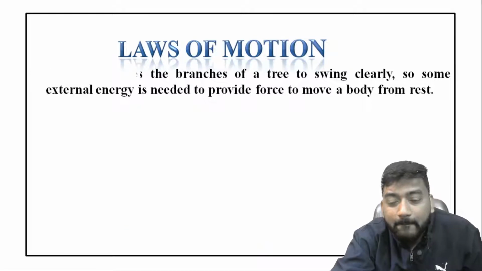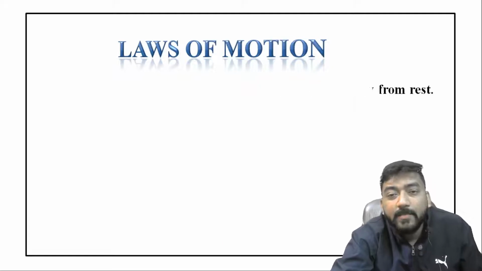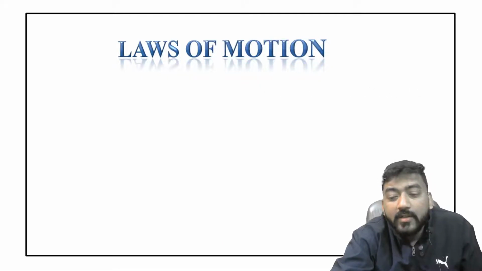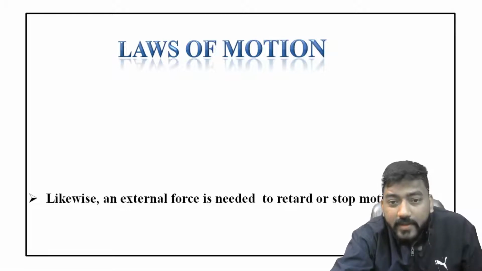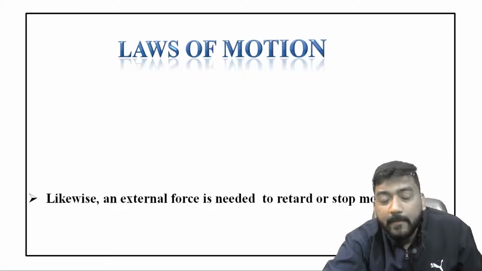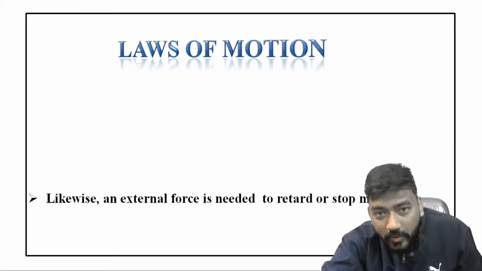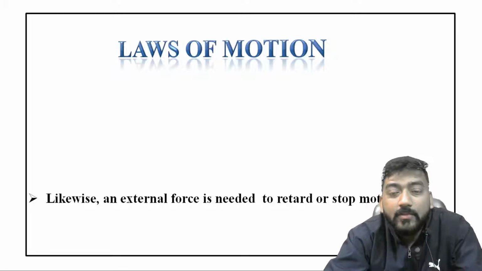But it is not always necessary. I can give you an example where the contact is not actually needed. An external force is also needed to retard or to stop motion. Obviously, in the previous examples we wanted to move the object, so we wanted to give an acceleration to this object, if the object is at rest.